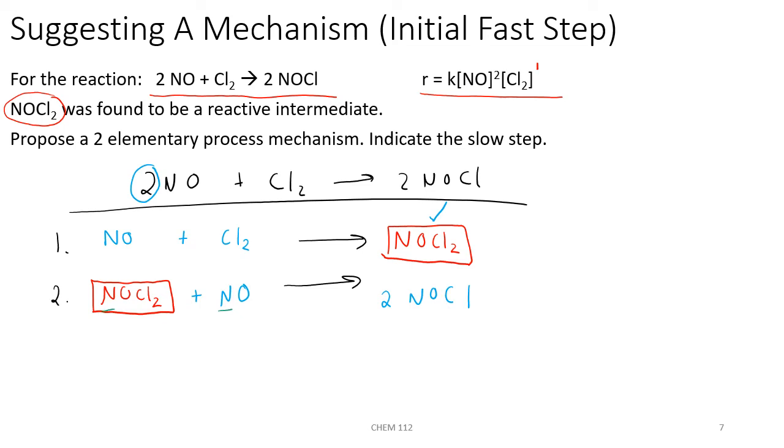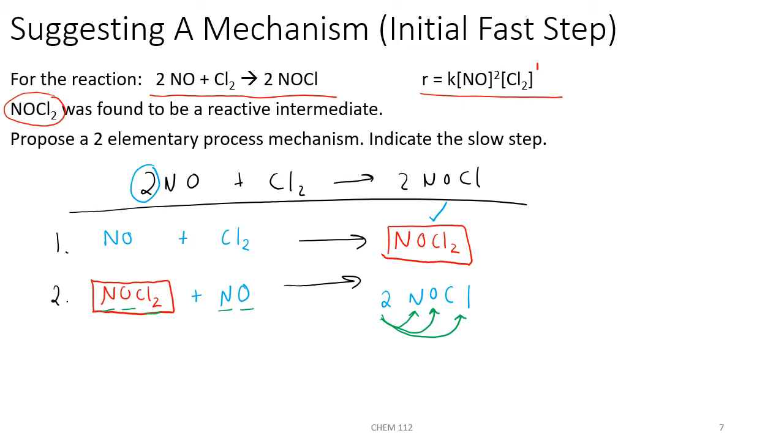We have 2 atoms of nitrogen on the left and 2 atoms of nitrogen on the right-hand side, 2 atoms of oxygen on the left, 2 atoms of oxygen on the right, 2 atoms of chlorine on the left-hand side, and 2 atoms of chlorine on the right-hand side. So it's okay that we make all the product in step 2. So this 2-step mechanism adds up then to our overall equation of interest.